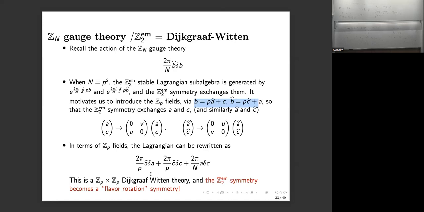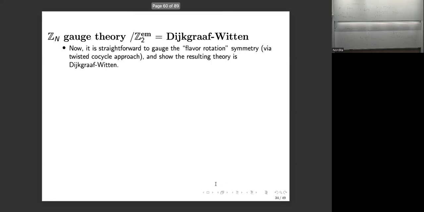So I hope it's now clear that under this field redefinition, or rewriting, when n is a perfect square, the EM symmetry becomes a flavor rotation symmetry of the Zp times Zp gauge theory.